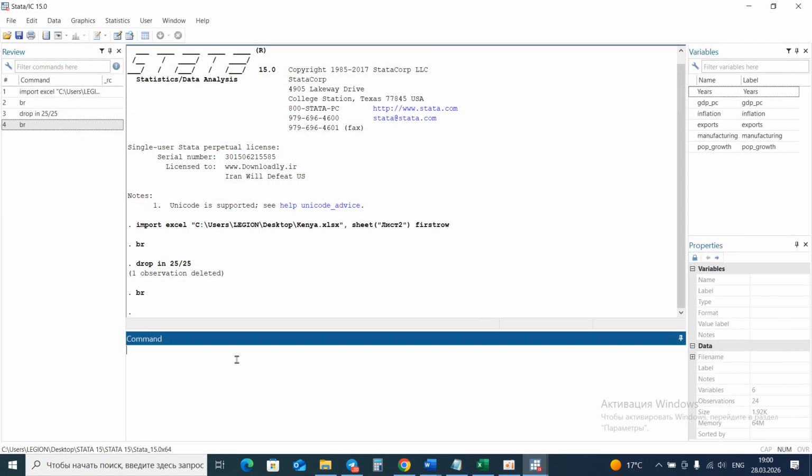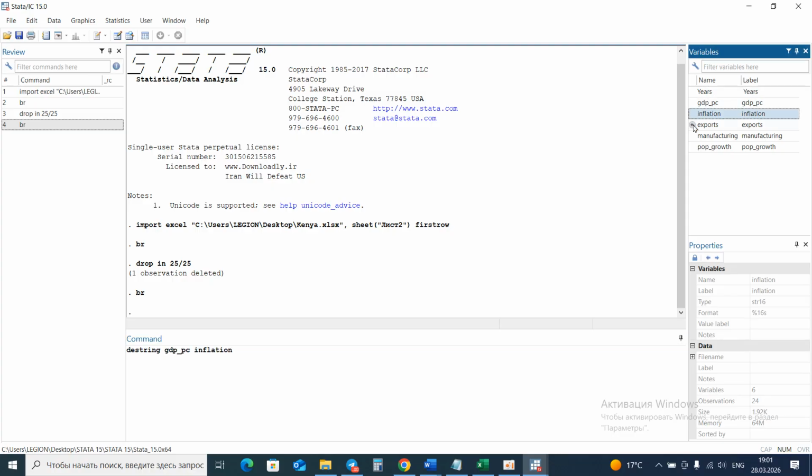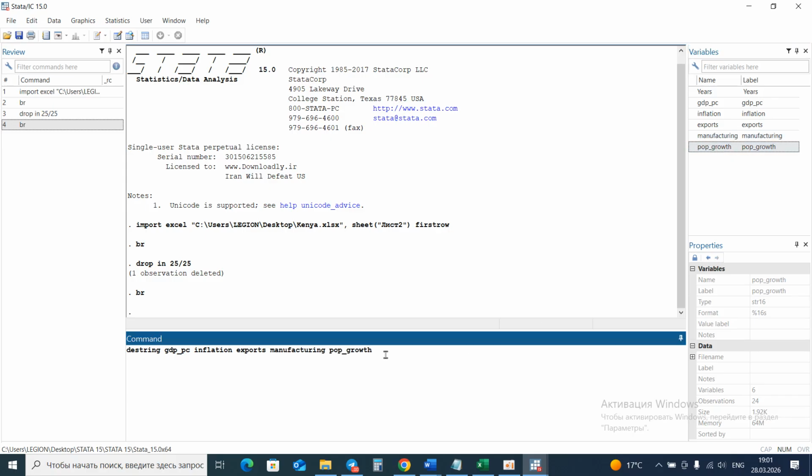And now we have to destring GDP per capita, inflation, exports, manufacturing, and population growth, comma, replace.